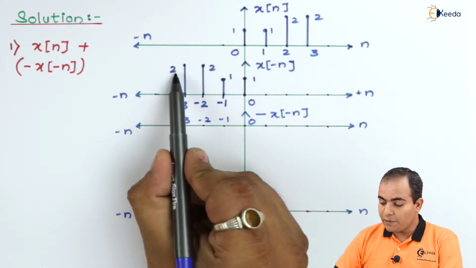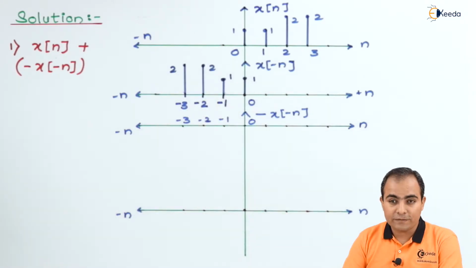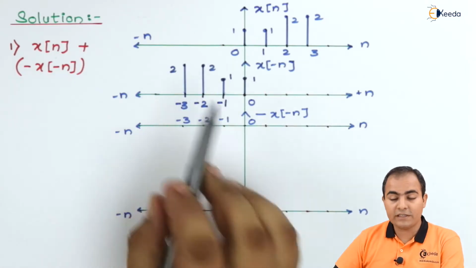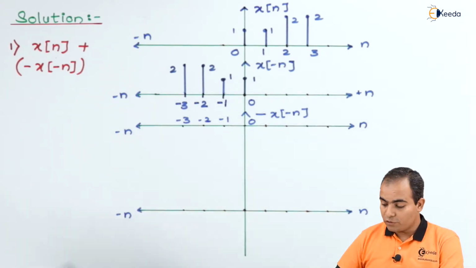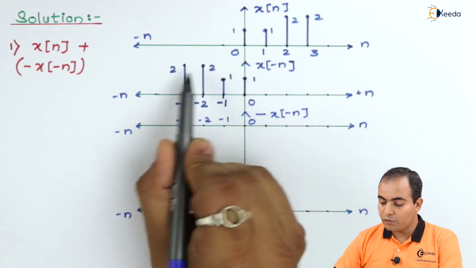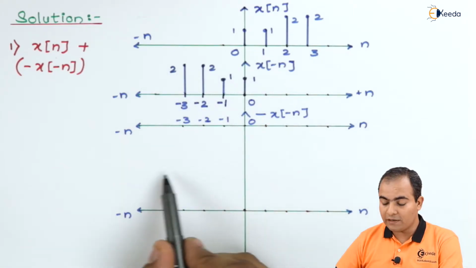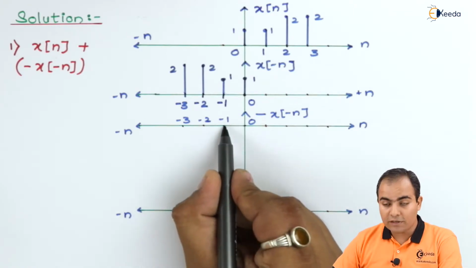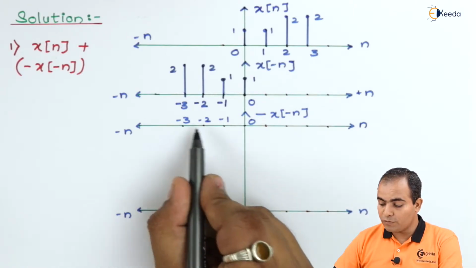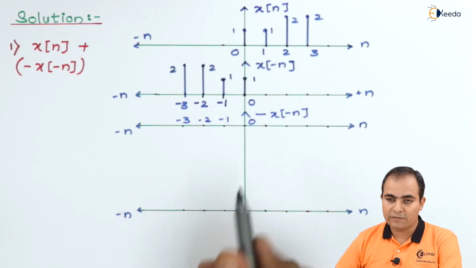Here the amplitudes of all the samples are positive, but if I multiply a minus sign with them, then all the amplitudes will become negative. So I can say that 1, 1, 2, 2 is now available in the third quadrant, that is, the origin amplitude is minus 1, the next, minus 1, amplitude is also minus 1, and minus 2 and minus 3 have amplitude minus 2 similarly.